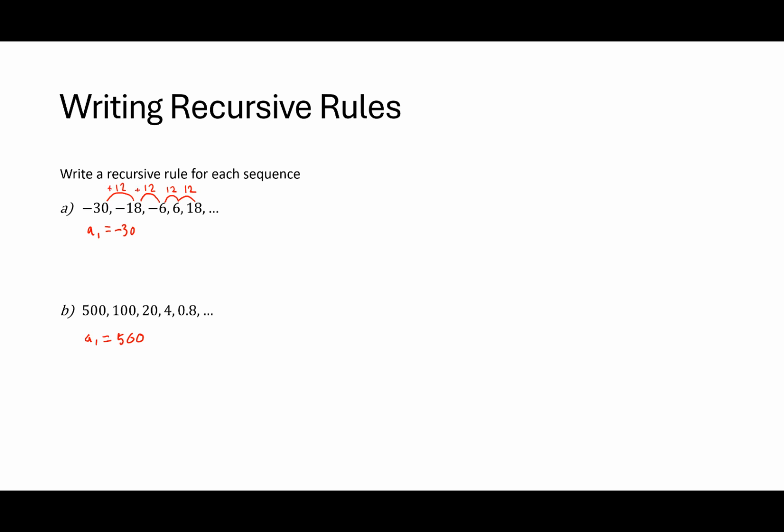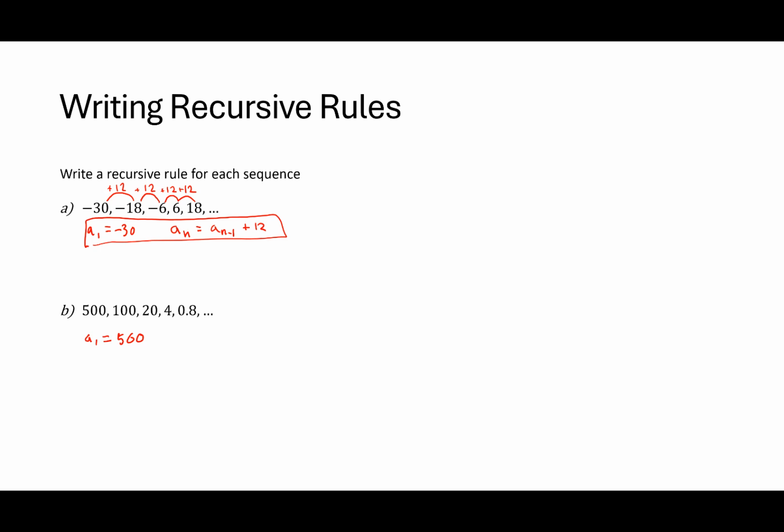We added a 12 every single time. So to find any number, a sub n, what I need to do is go to whatever the previous number was, a sub n minus 1, and I add 12 to it.